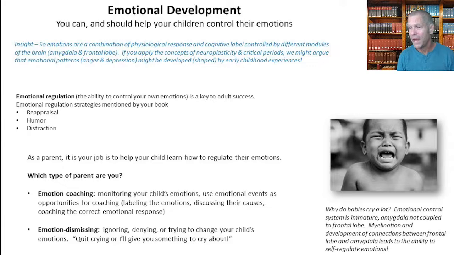Now, how do we as adults change our emotions? Well, we learn how to reappraise things, we learn how to make things funny, and we learn how to distract ourselves. When something bad happens to me, my car breaks down, okay, I can have a really bad emotional response. But what I do as an adult is I reappraise it. Well, you know what?